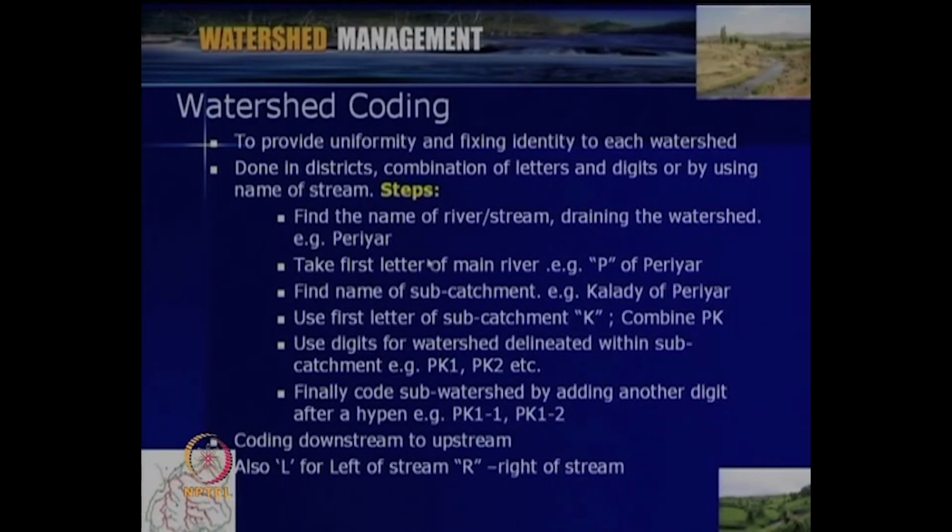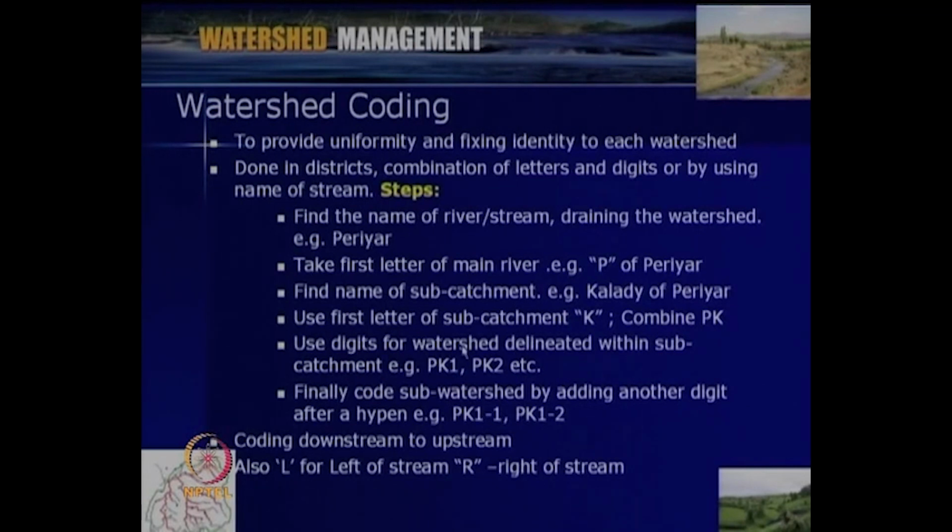Now, take the first letter of the main river, here Periyar means P, then find the name of the sub catchment. For example, if a small catchment in Kaladi is a sub catchment of Periyar, then we can use that word as the next word. So, use the first letter of the sub catchment, K. We combine this P and K, so that we have PK.